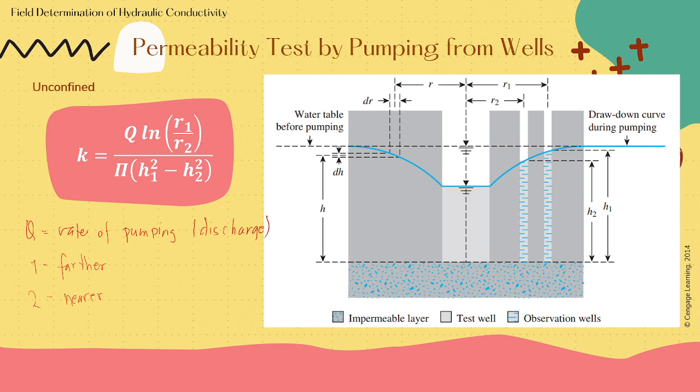So in an unconfined aquifer, the term itself says that it is unconfined, meaning there is no impervious layer above the water table or the piezometric reading.